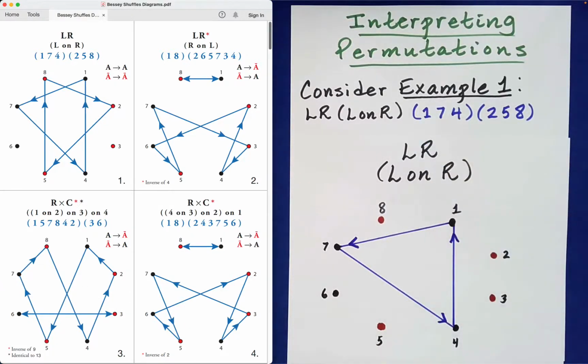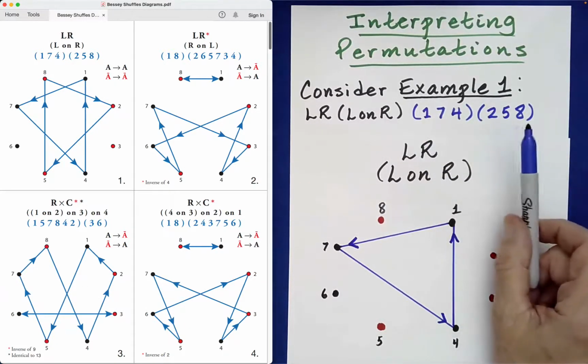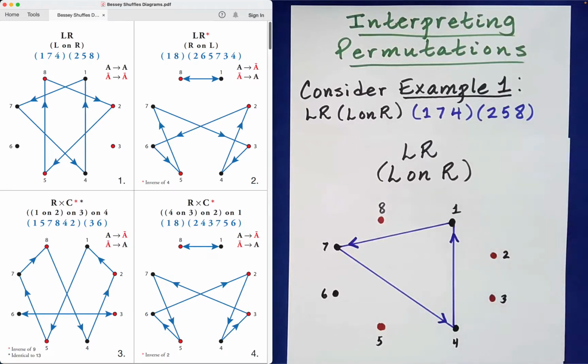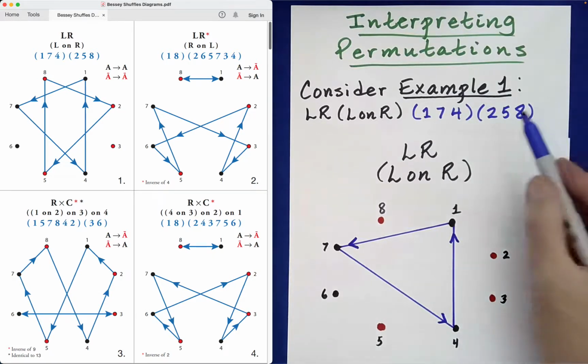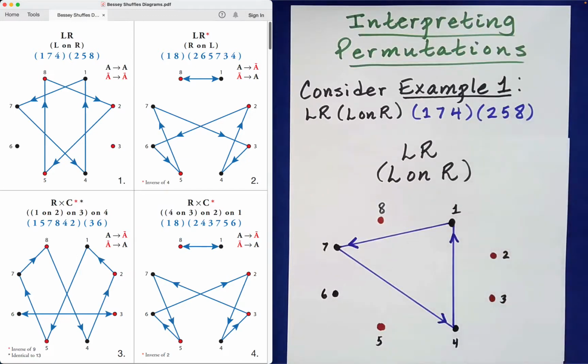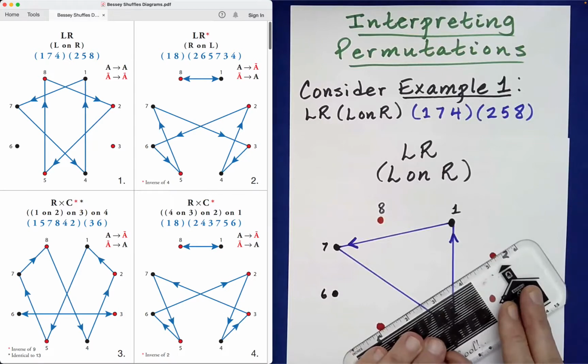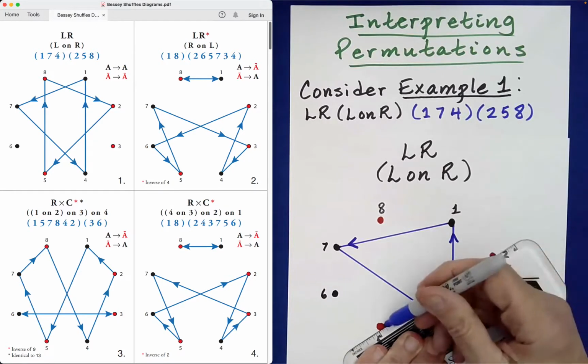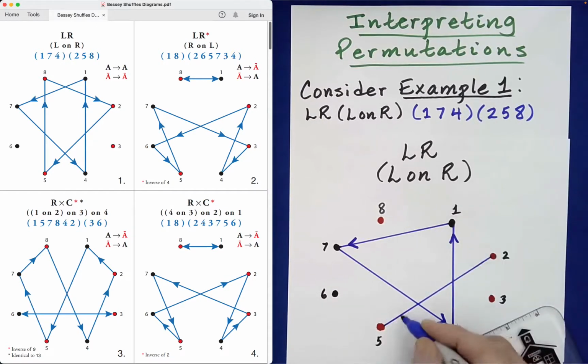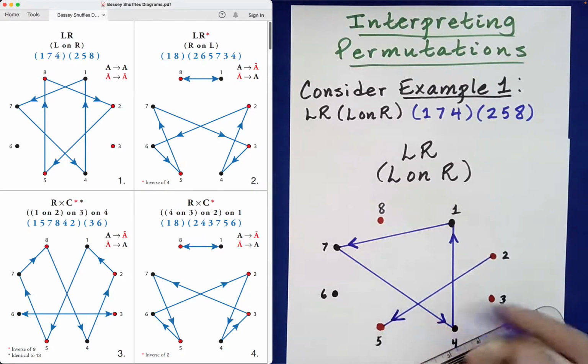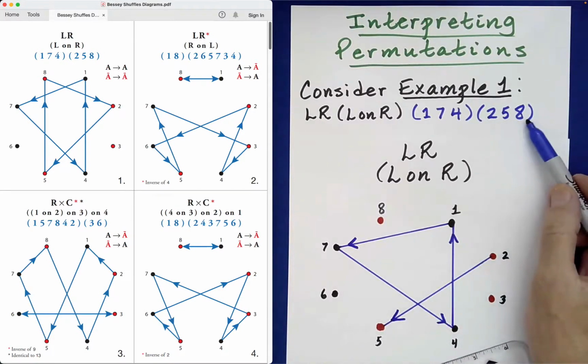Okay? So now we have to look at this second term in our permutation. So 2, 5, 8. Okay, so 2 gets sent to 5. So I'll draw a line, a directed line, an arrow, from 2 to 5. Just like that. And then 5 goes to 8.